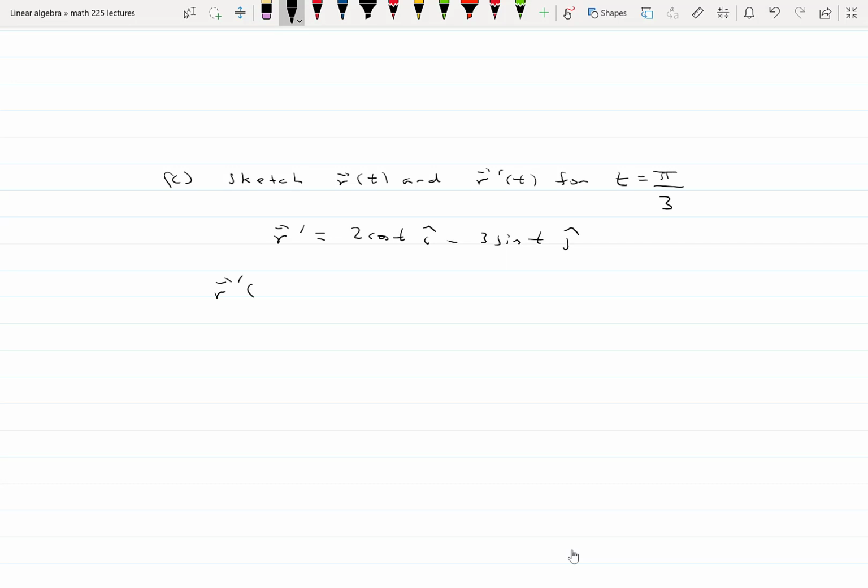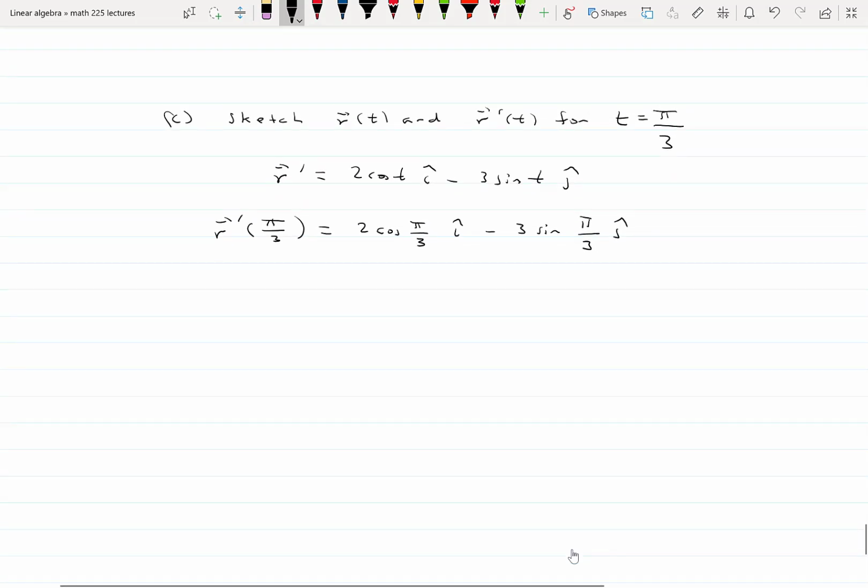I can find r prime first. r prime of pi over 3 then is 2 cosine of pi over 3 i minus 3 sine of pi over 3 j. The cosine of pi over 3 is 1/2, so this is 2 times 1/2 i. The sine of pi over 3 is radical 3 over 2, so minus 3 times radical 3 over 2 j. So we're looking at i minus 3/2 radical 3 j.